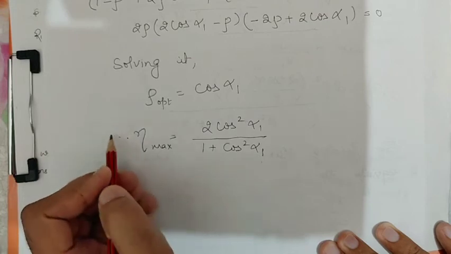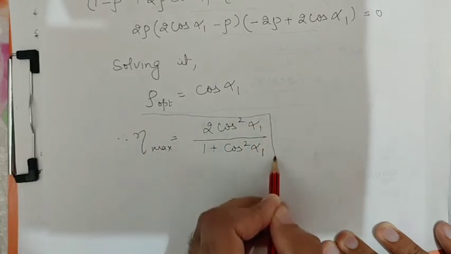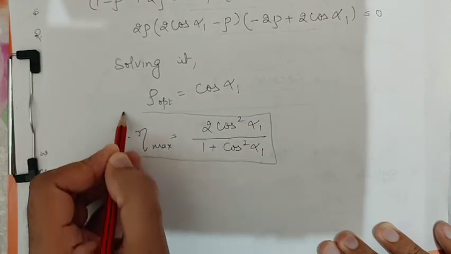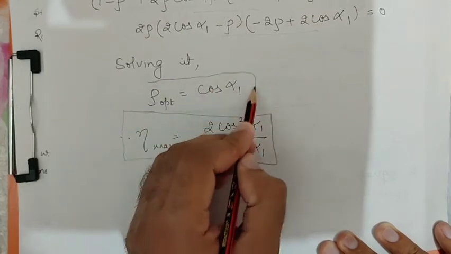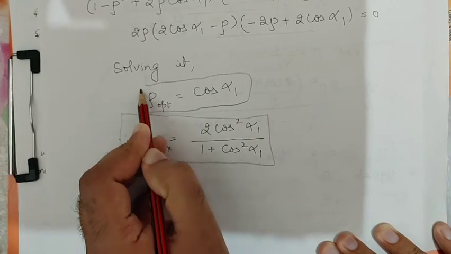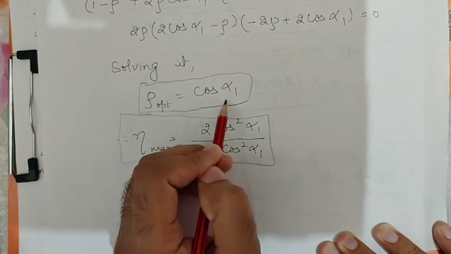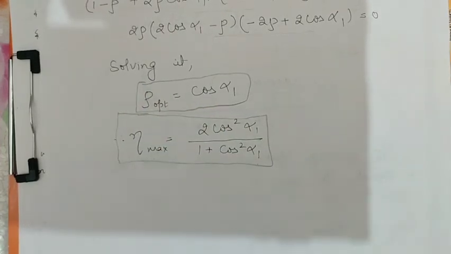This is the maximum blade efficiency we get with the reaction turbine for the optimum value of rho, that is cos alpha 1. So this is how we analyze the reaction turbine. In this way, we have completed the analysis of the reaction turbine.